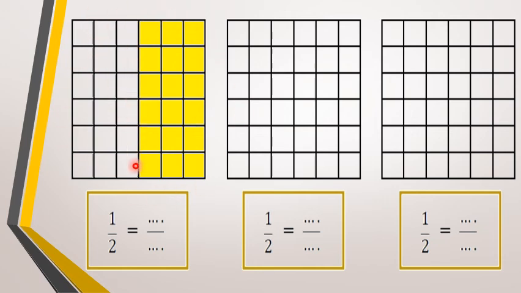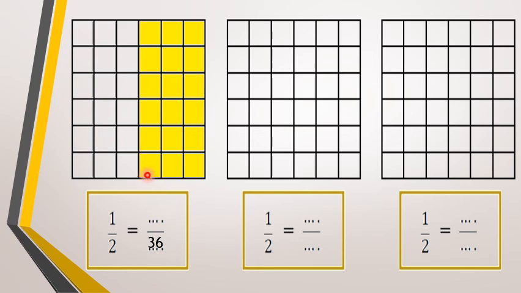I colored this part only, the half of it. So I want to know what this is equal to. All of this is 36, as I know. How did you do it? I multiply row by column as I learned from the array. So it's 36.